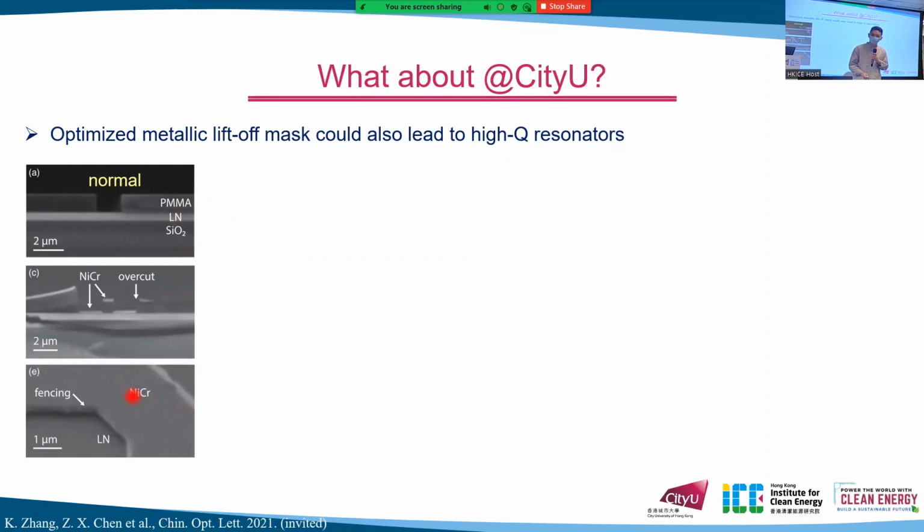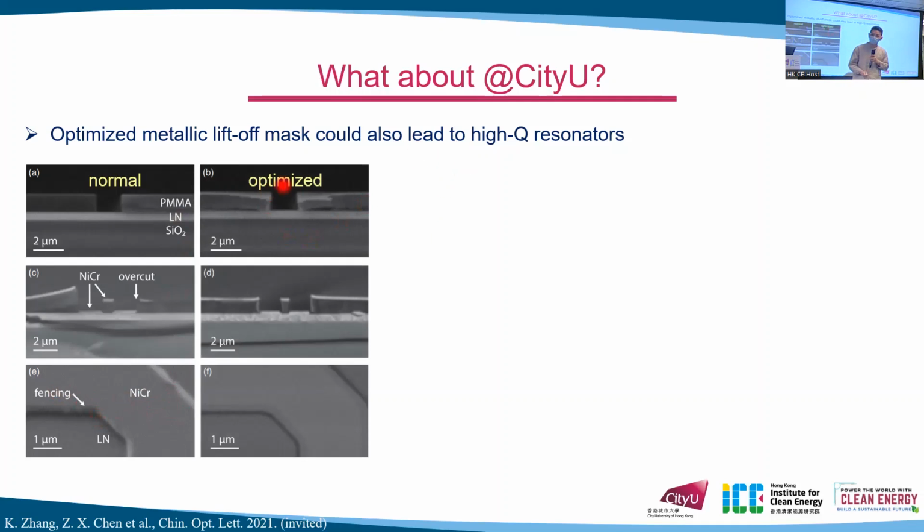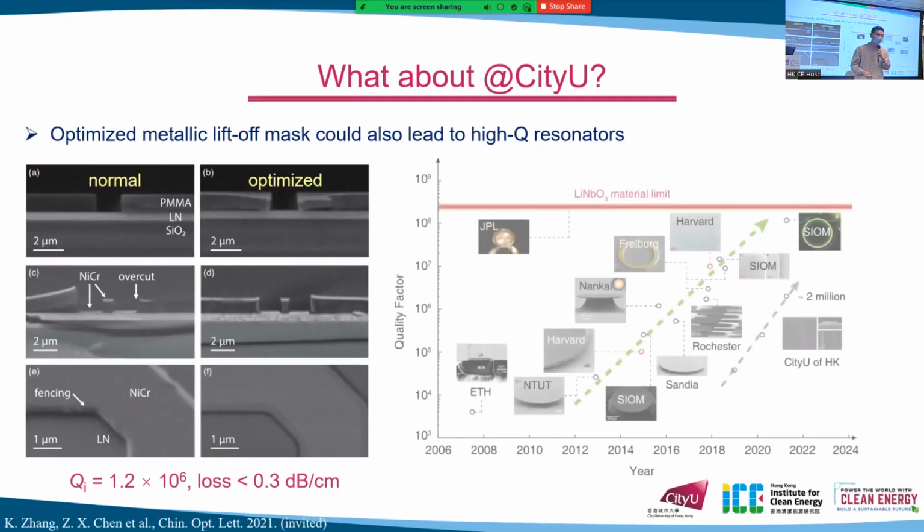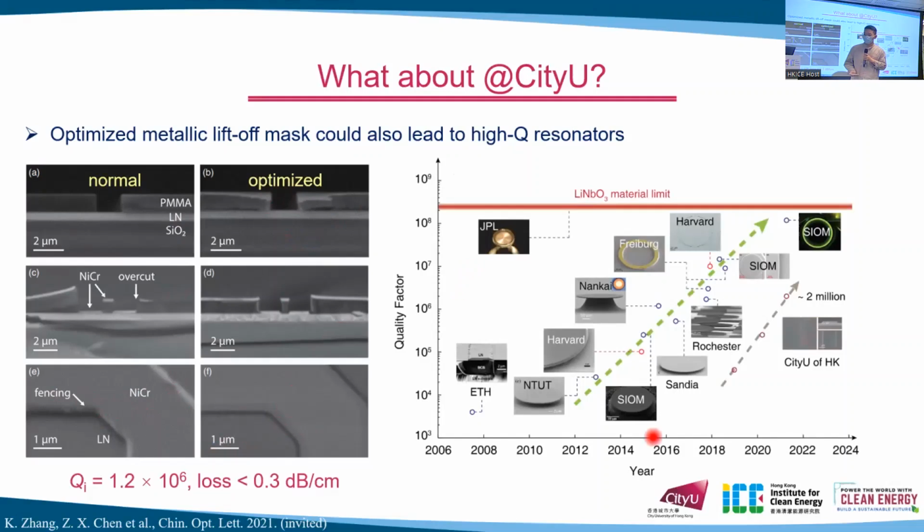By a lift-off process, we can see that there are some fencing and roughness on the sidewall. But after optimization, a very smooth sidewall can be achieved. And then using this metal mask, we do the etching, and a very high Q, about 1 million, can be achieved. So now at CTU, about 2 million Q can be achieved.